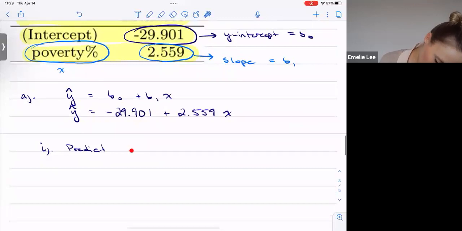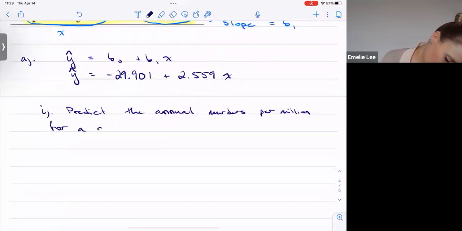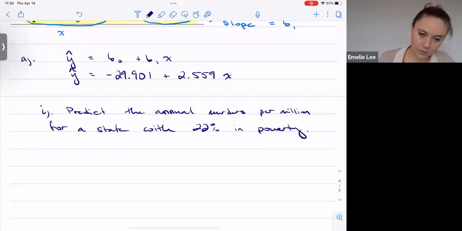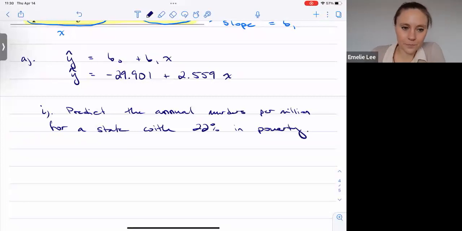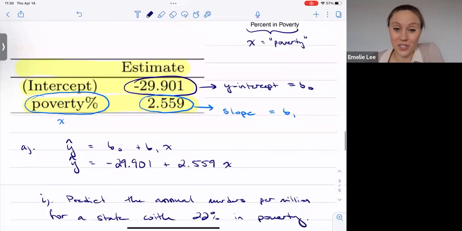Predict the annual murders per million for a state with 22% in poverty. Okay. So I always make you use your line to do a prediction.